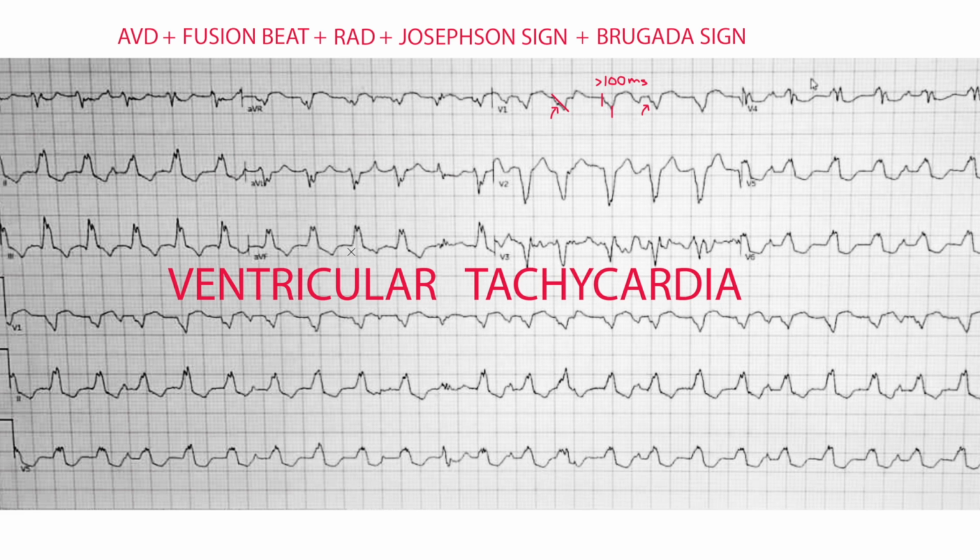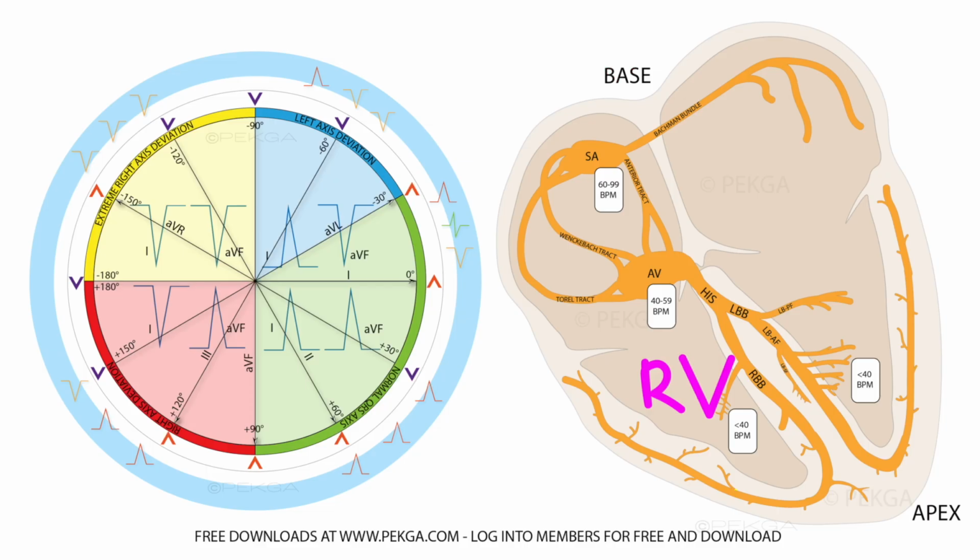Going back to the ECG here, I'm looking at the inferior leads now, leads 2, 3, and AVF, and they are upright. So the QRS on them is positive, meaning the signal is moving towards those electrodes. Okay, so here's lead 3, here's lead 2, lead AVF.